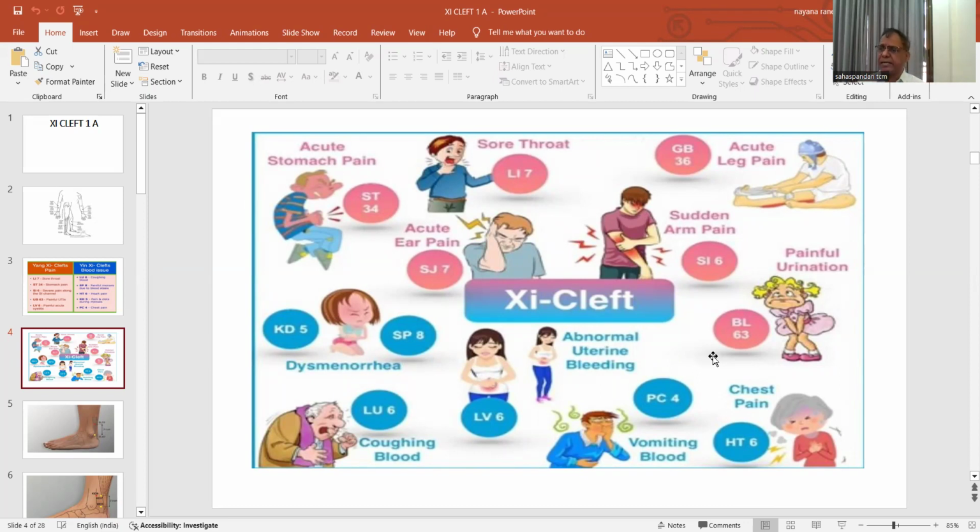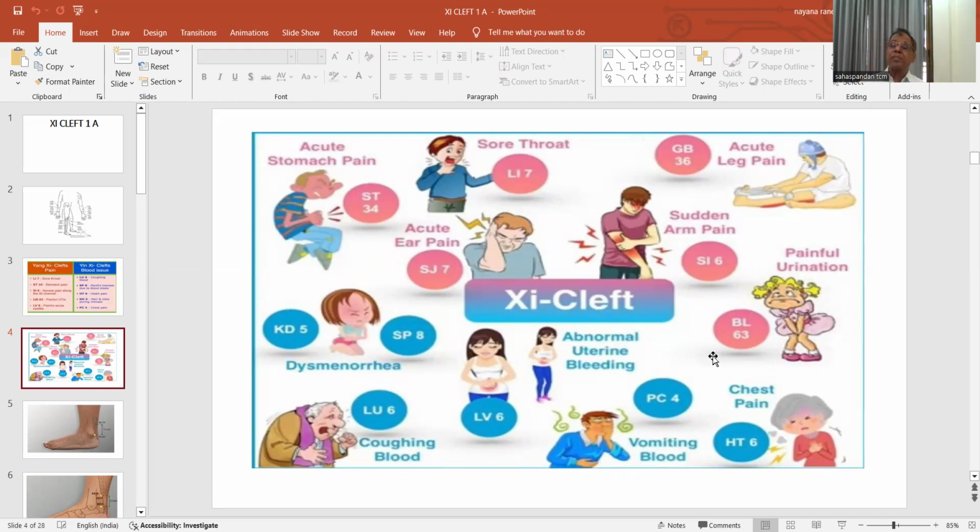If the right side hernia is there, apply this point on the left hand. This point is on the index finger toward the thumb side, on the middle phalanx and lower phalanx. Okay, you can Google this point, and Google will give you the exact location.